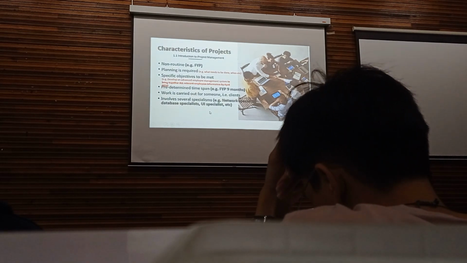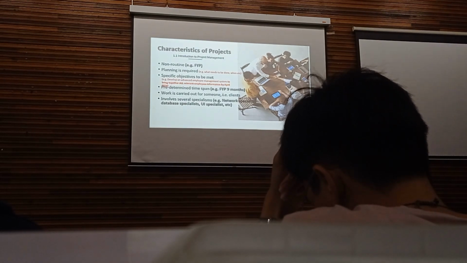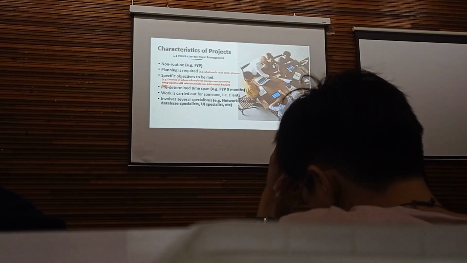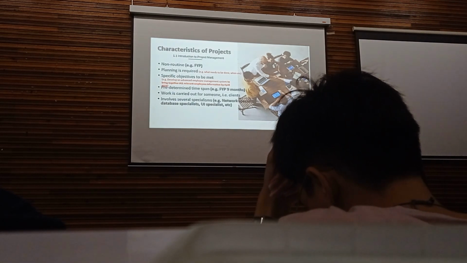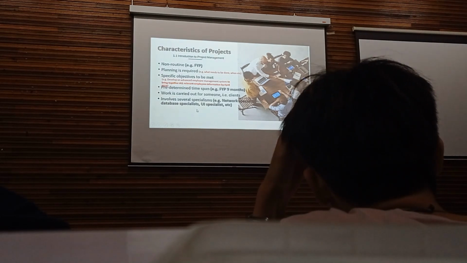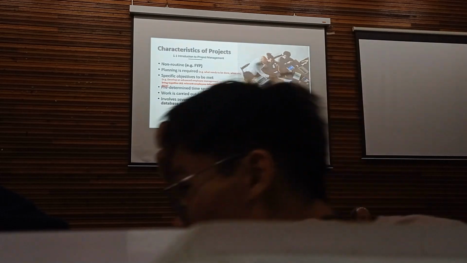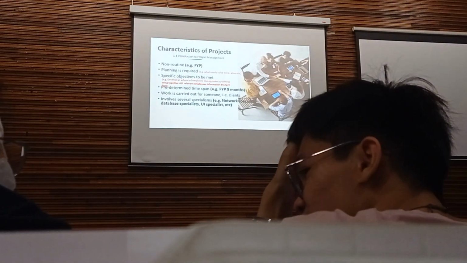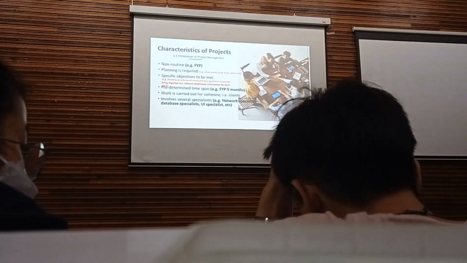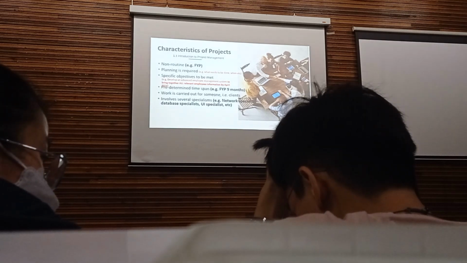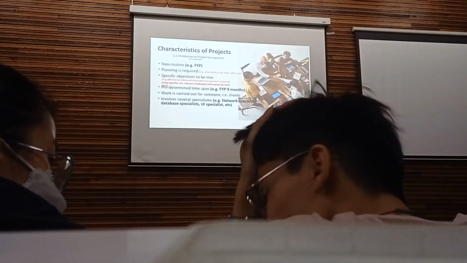It involves several specialisms, for example network specialist, database specialist, UI specialist, etc. So a project always involves people with different skills, who need to come together to work and complete the project.